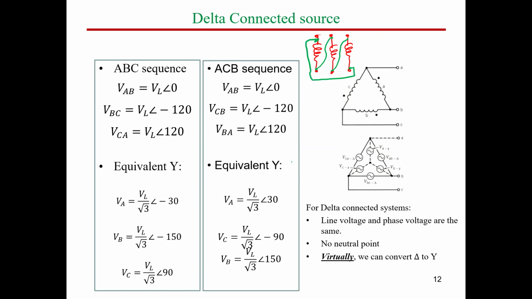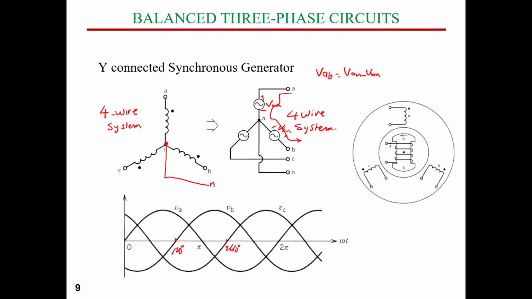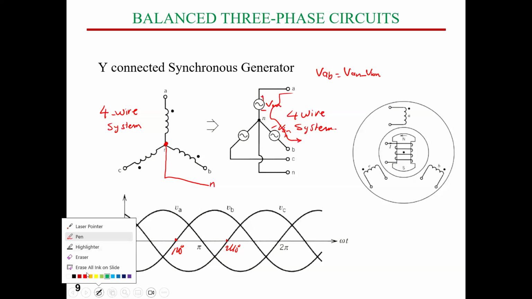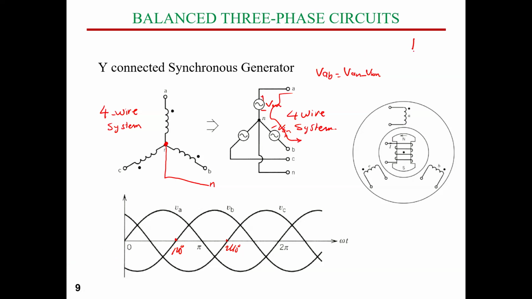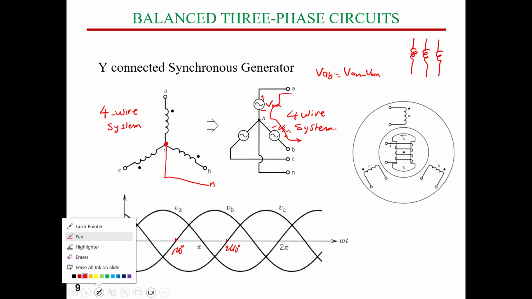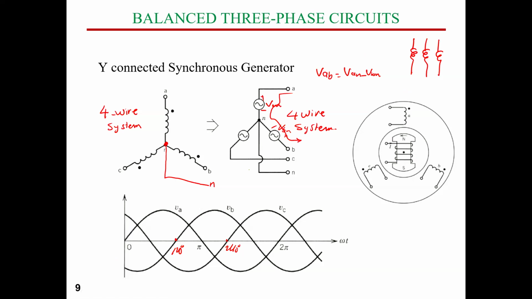But for the Y connection, if we go back to the Y, right here, I'm going to draw the same for you. If we have the three windings here, connecting Y connection means either starts or ends. Make a short between starts or ends.